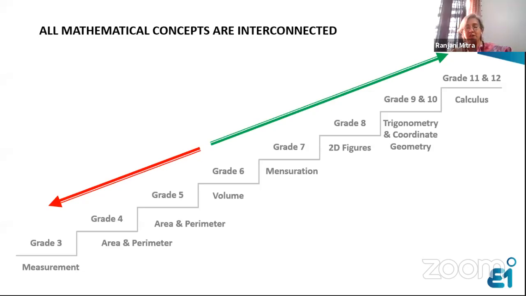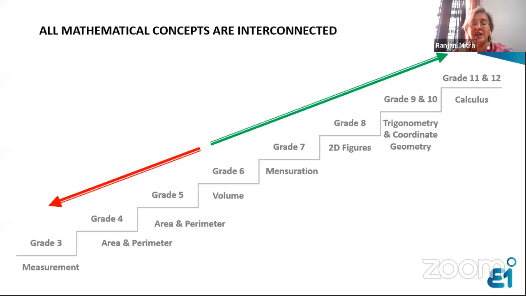That is a very pertinent question, because area and perimeter is a very important topic in grade 4 and 5. As you can see from this slide, learning area and perimeter depends on a very clear understanding of measurements in grade 3.